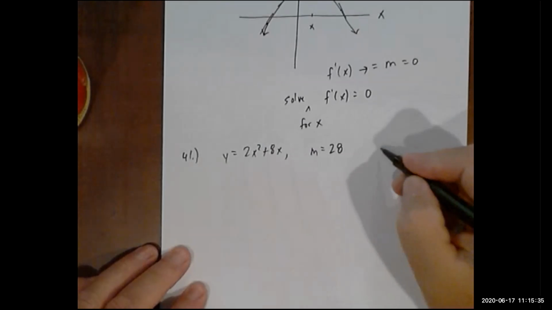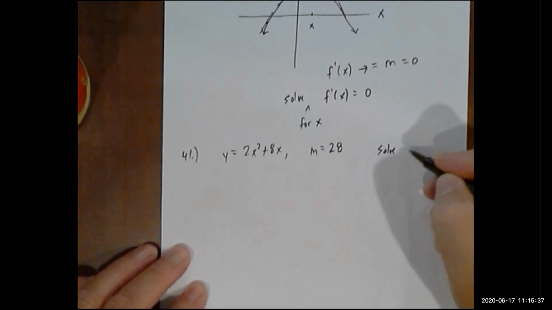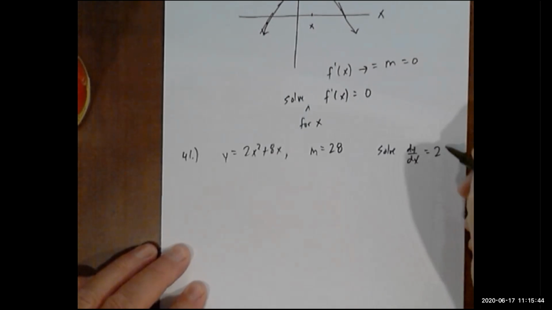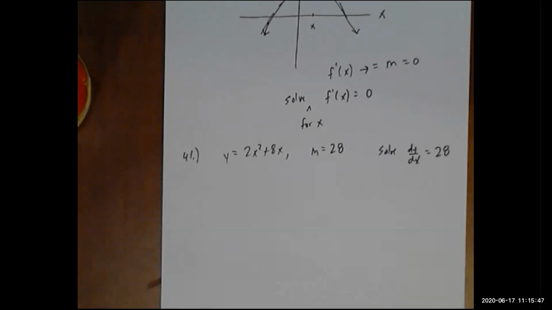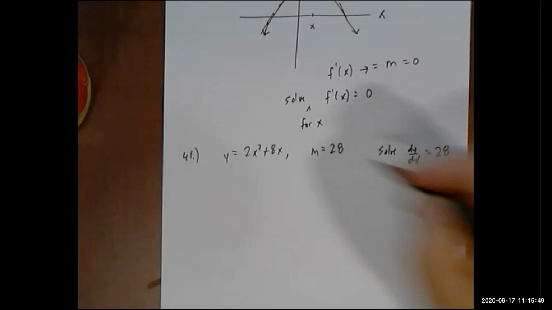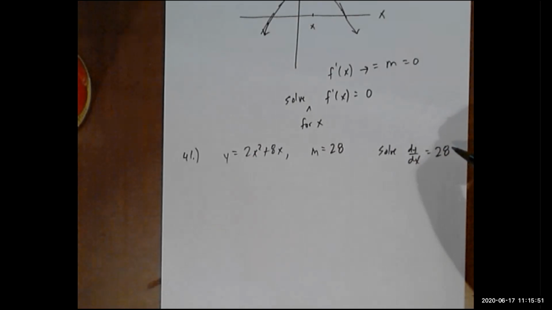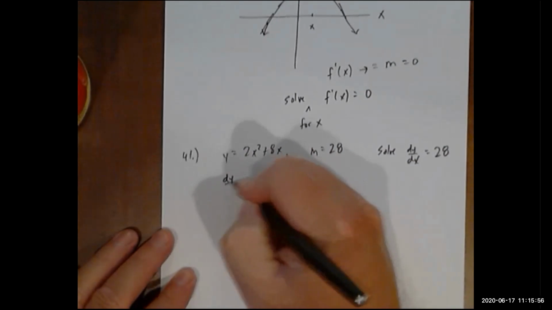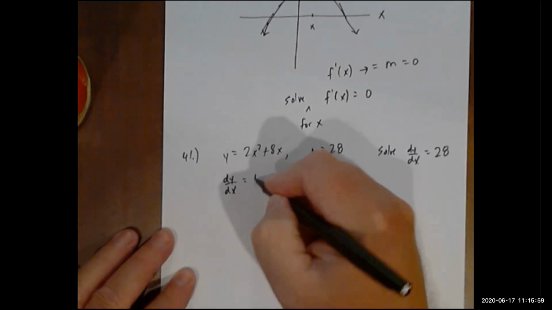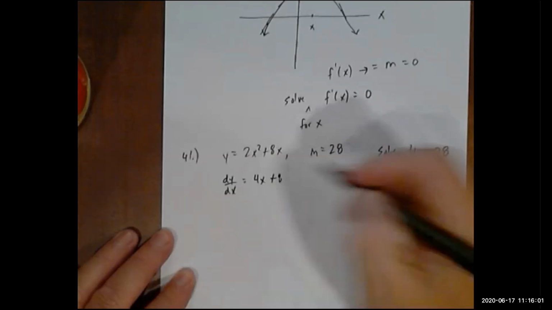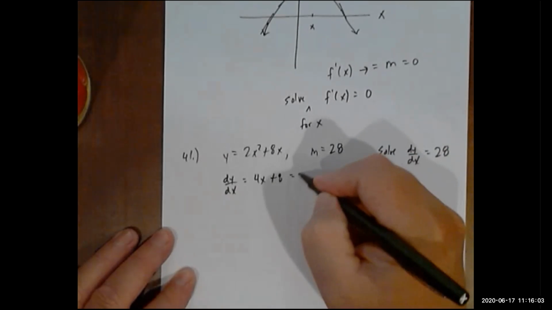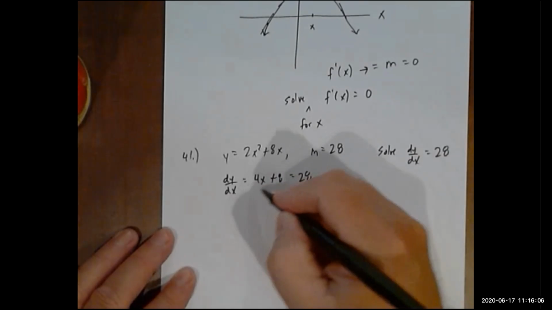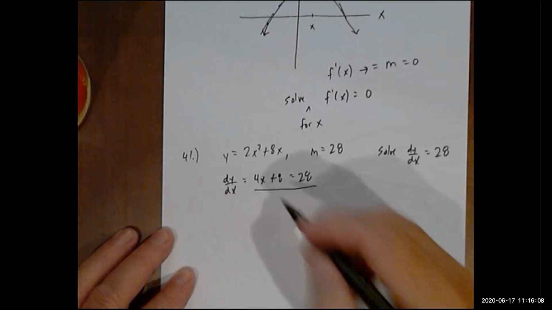So basically, in this case, we're going to solve dy/dx equals 28. I'm going to take the first derivative, set it equal to 28, and solve for x. So the first derivative is 4x plus 8. And I'm going to set it equal to 28. And I'm going to solve this equation for x.